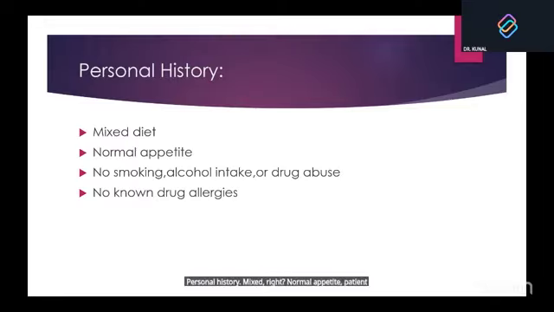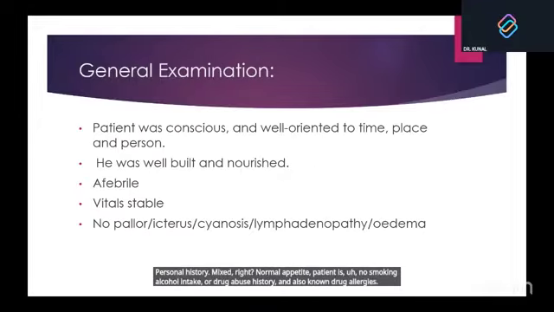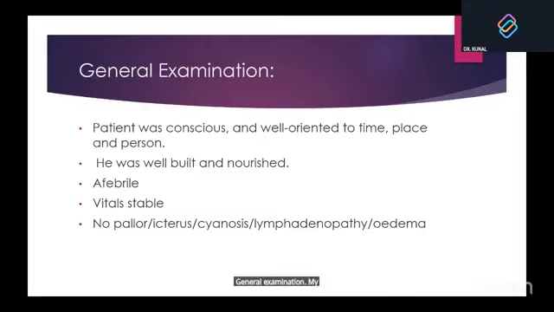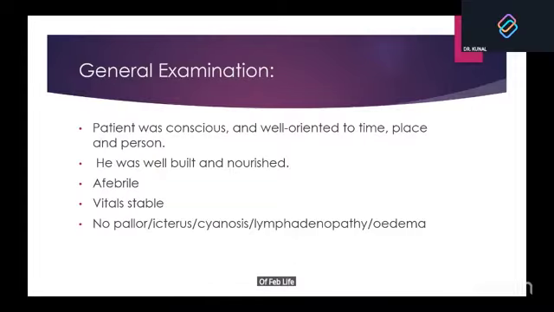Patient has no smoking, alcohol intake, or drug abuse history, and also no known drug allergies. General examination: my patient was conscious and oriented to time, place, and person. He was well built and nourished, afebrile. Vitals are stable and no pallor, icterus, cyanosis, and lymphadenopathy present.